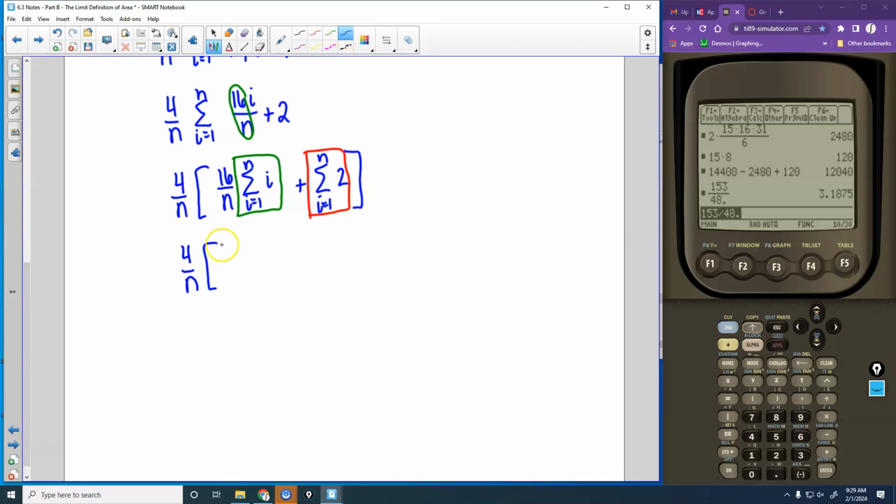So I can replace this sum from 1 to n of i with my shortcut rule, n times n plus 1 divided by 2. And I can replace the sum from 1 to n of 2 with what? 2n.